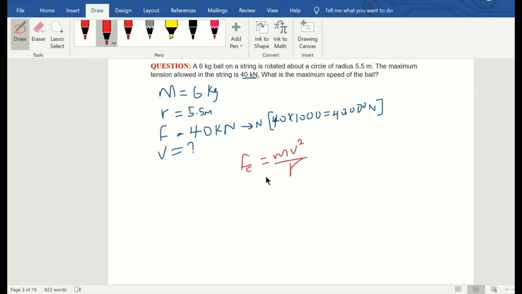So what we do next is plug in the values. My force is 40,000, so I have 40,000 is equal to the mass, 6, times V squared over my radius, 5.5.